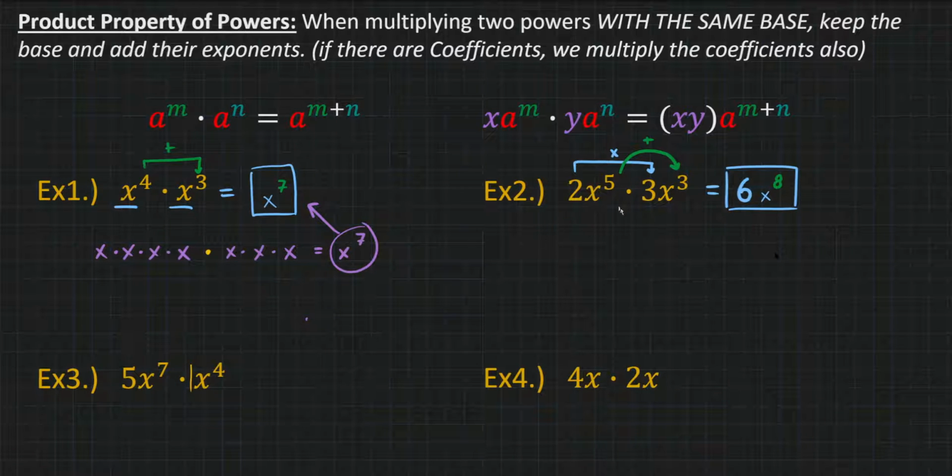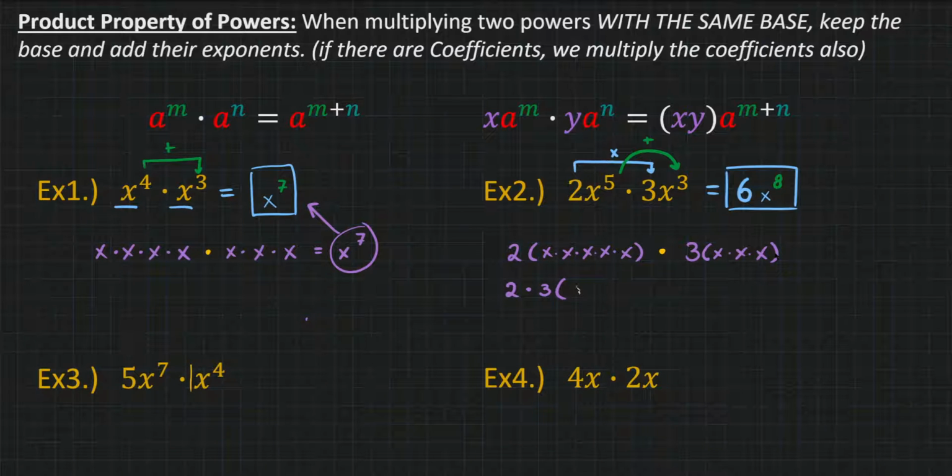And I can prove to you this is what happens. 2 times x to the 5th is just 2 times x times x times x times x times x. And 3 times x to the 3rd is just 3 times x times x times x. Put a little multiplication in between them because that's what's happening. And then with a clever bit of algebra, meaning just rearranging my expression, I end up just getting 2 times 3 times x times x times x times x times x.